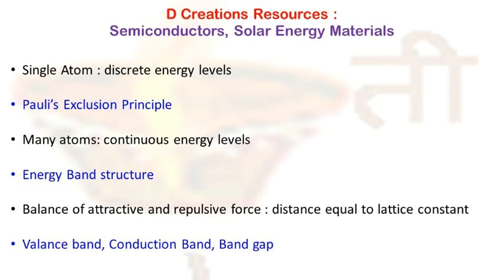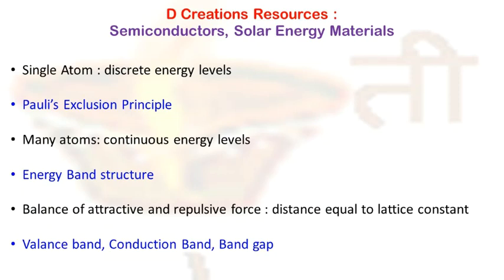So there are total n isolated atoms and they will have 4n valence electrons and 8n energy states in the outer subshell. Now when two atoms are brought close enough so that their outer subshell starts interacting with each other, then the similar energy level of two atoms will split because it has to satisfy Pauli's exclusion principle.